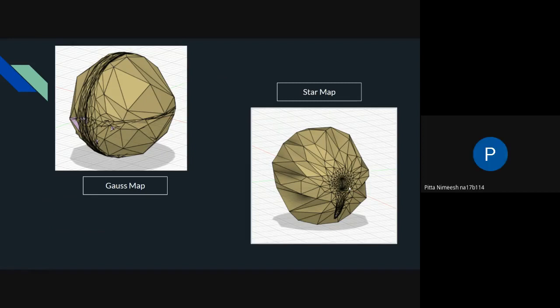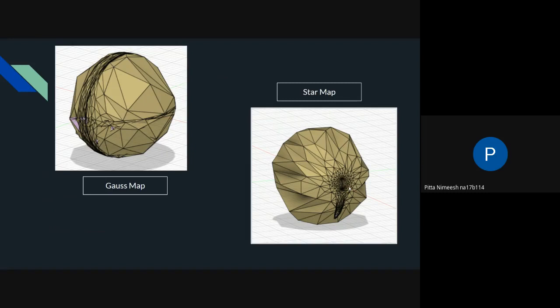Yes, sir. What he's saying is, at the end of the day, you want that entire submarine surface to wrap around a unit sphere such that there is no overlap of the surface on itself. So no part of the surface of the submarine should overlap on itself. There should be no folds.